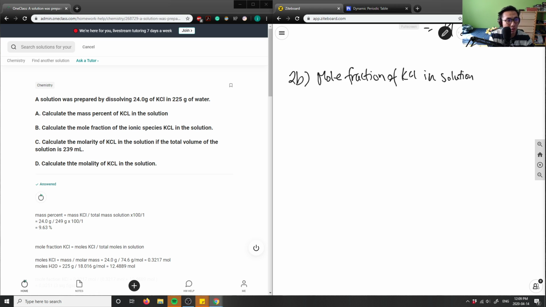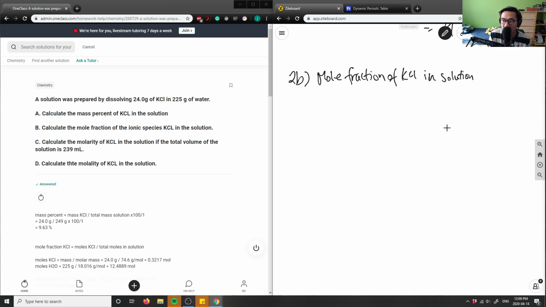If you think about it in terms of what the word means, we have mole, so we're working in moles, and then it's a fraction. So it's going to be a proportion or ratio of KCl in the total solution. So we're comparing moles of KCl and total moles. It's basically the same thing as mass percent, except instead of using the mass, we're using the moles.